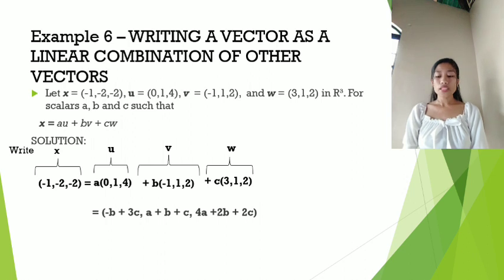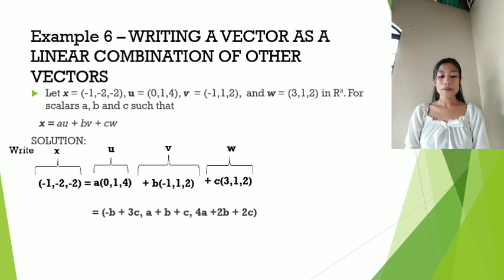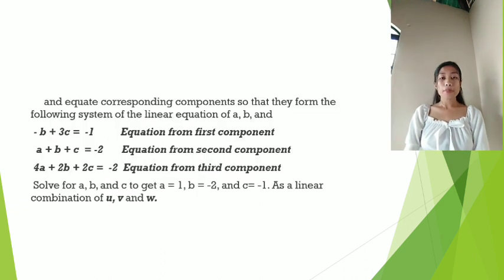And W is equal to 3, 1, and 2, in R^3. Find scalars A, B, and C such that X is equal to AU plus BV plus CW. Write and equate corresponding components so that they form the following system of linear equations in A, B, and C.